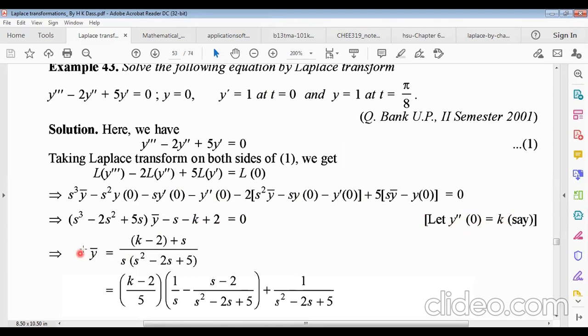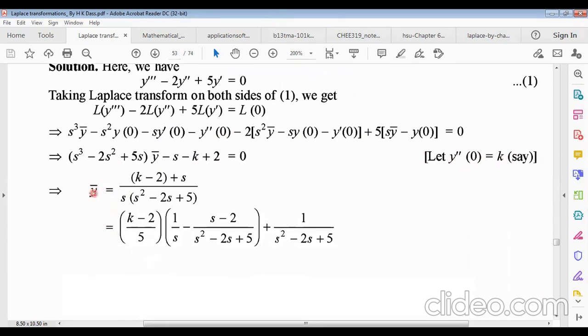So we can find the algebraic form. This is Y(s), the Laplace transform: (k minus 2 plus s) divided by s times (s squared minus 2s plus 5). This algebraic expression can be written in two parts: k minus 2 divided by this, and s divided by this.